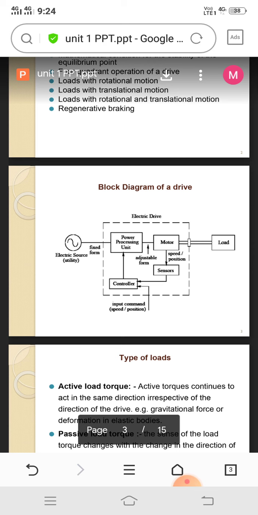Finally, it gives a proper output, which is given to the motor system. This motor receives the power processing unit output as its input, and acts accordingly. Finally, it gives a proper output to the load.